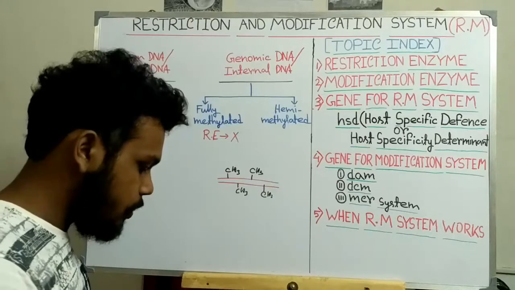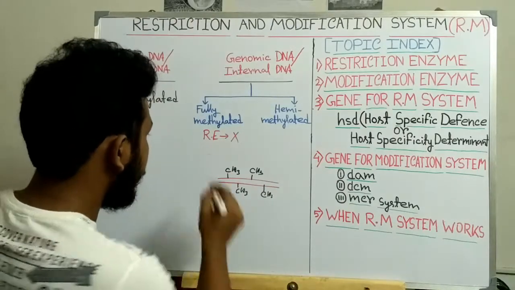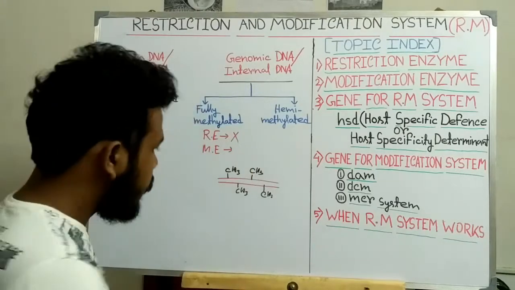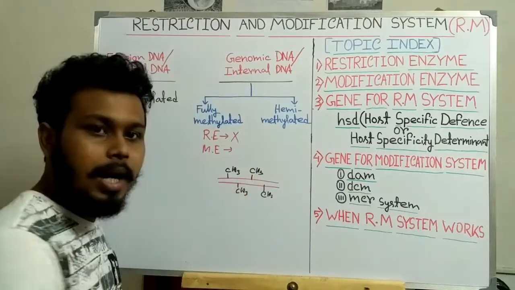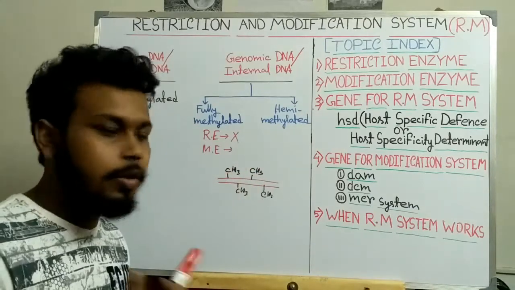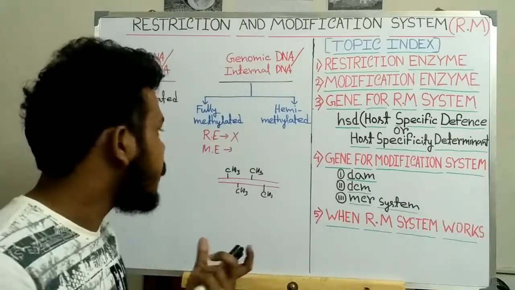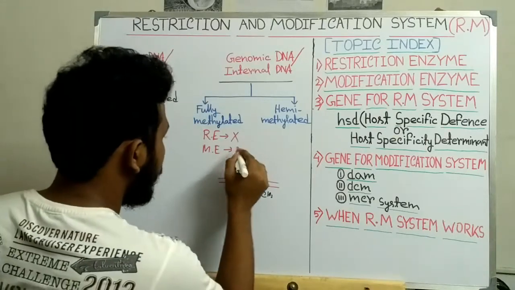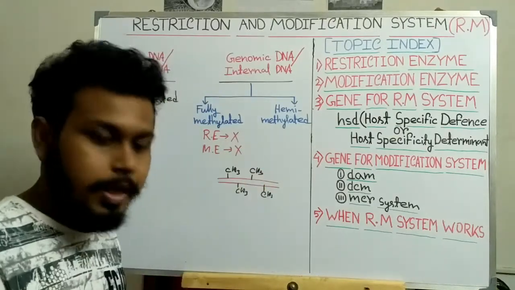Okay, so now the modification enzyme comes and encounters that both strands are already fully methylated, so it does not have to modify anything. Okay, so that's why the modification enzyme also does not work here.